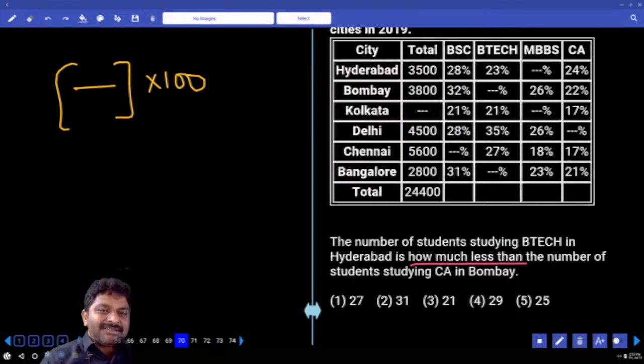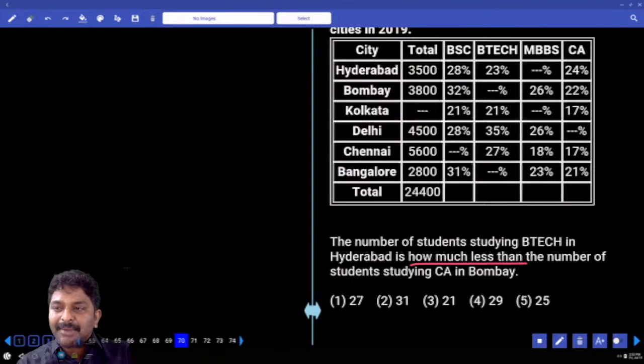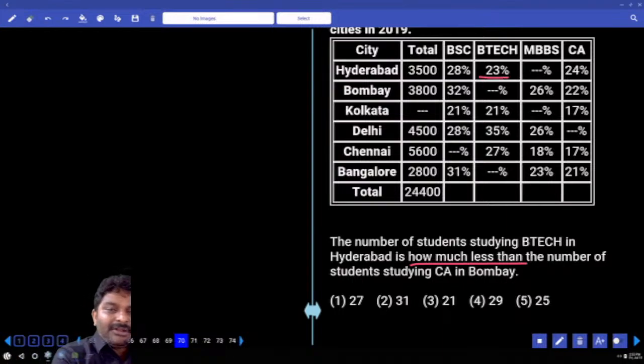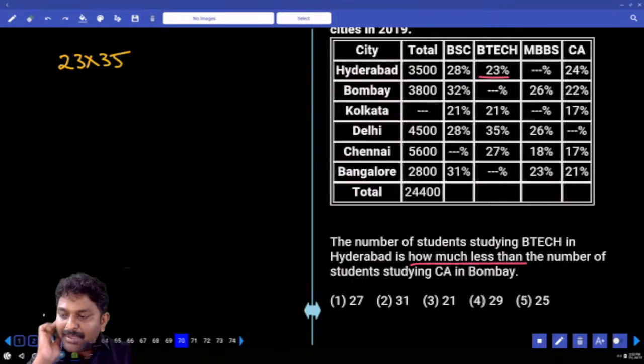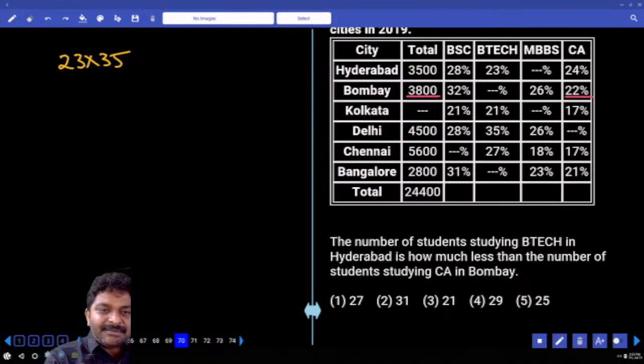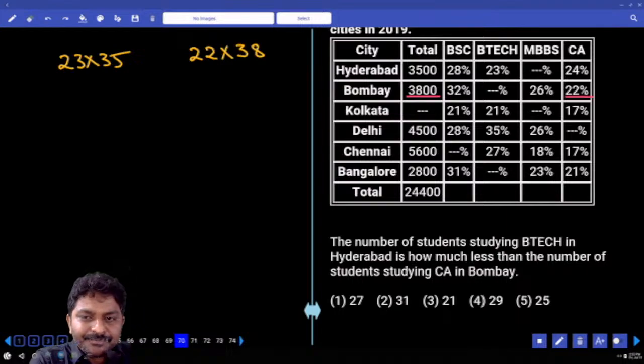How much less? BTech in Hyderabad, 23%, 23 into 35. CA in Bombay, 22%, 22 into 38. That's it? All are difficult, no choice, we have to do it. 23 times.